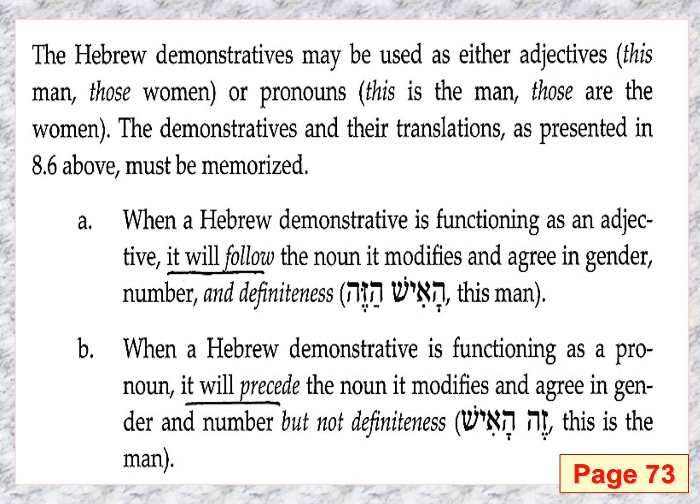Inserted paragraph A is very similar to an attributive use of the adjective. Inserted paragraph B is very similar to the predicate use of the adjective, preceding the noun, agreeing in grammatical gender and number, but not definiteness. So in this case, ze ha'ish. This is the man. And just like with predicate use of the adjectives, we have to supply a verb of being. Ze ha'ish. This is the man.